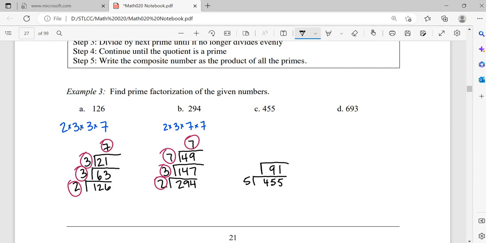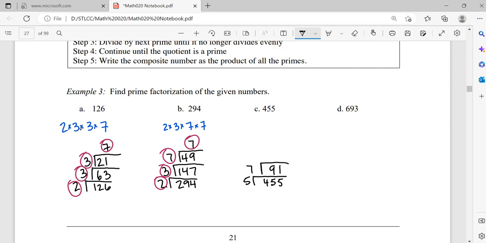Okay. So 91 is an interesting one. It is not divisible by 2. It is not divisible by 3. I know it's not a 6. It could be divisible by 7. It sure is. There is no rule for divisibility by 7.